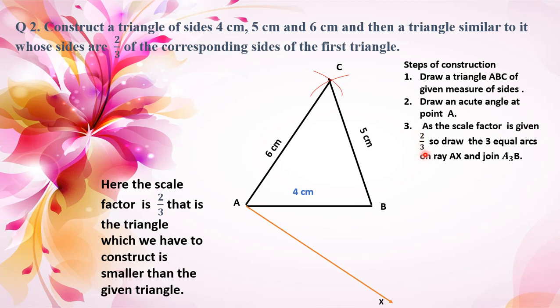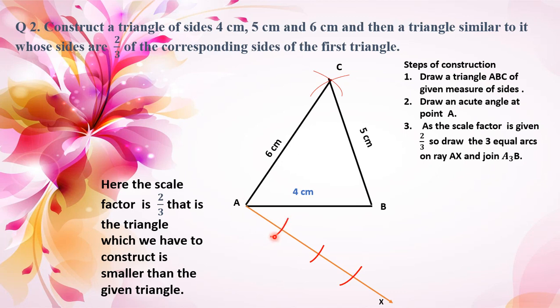Whichever number is greater, that number of equal arcs we should cut on the ray AX. Here between 2 and 3, 3 is the greater number, so we have to cut 3 equal arcs on the ray AX with A as a center, with any convenient radius.